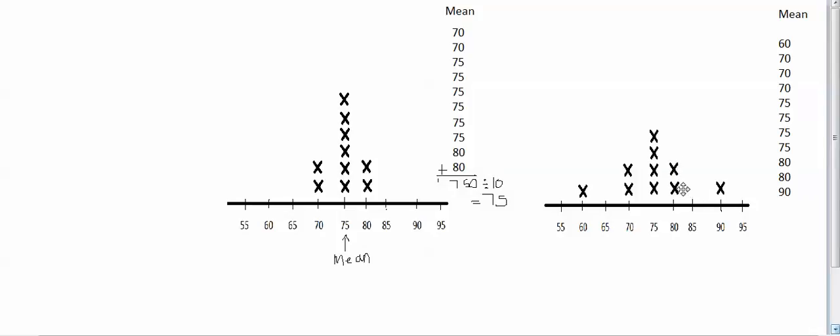So these two people got 80s. So we have 160, should be 2 70s, 4 75s, 2 80s, and a 90.